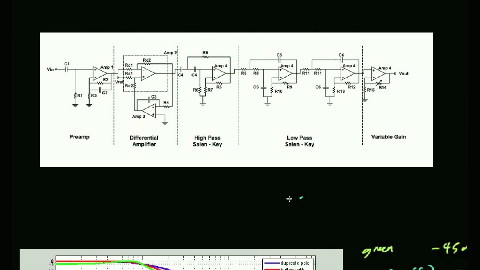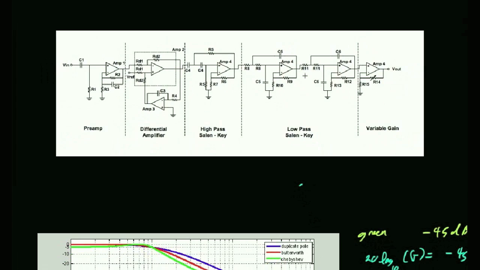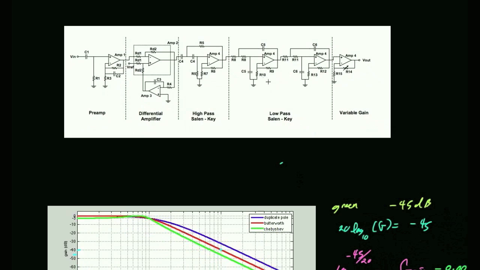Hey, look, everybody, it's chapter 3 of my dissertation. This is a circuit that we built to process signals coming off a monkey's brain. Electrodes go in the brain, you have to filter it, you've got a low-pass filter, high-pass filter, gain. Guess what? You have all the tools you need to analyze this ugly circuit that appeared in my dissertation.